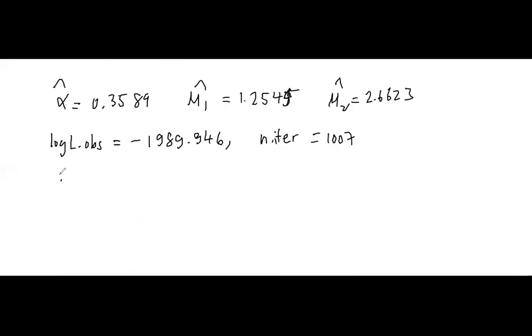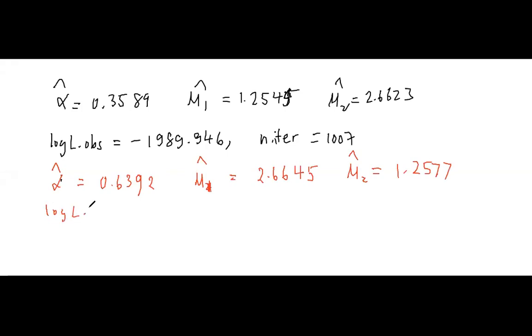So for the new one, your parameter estimates has become this. These other two are just for record.